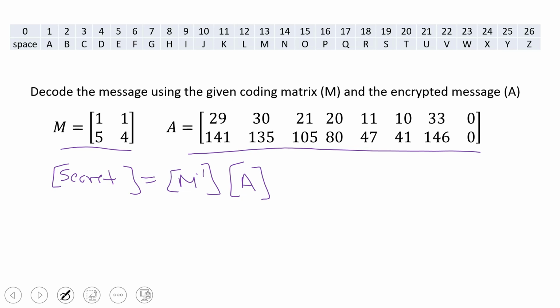So again, I would use a graphing calculator. I would take M inverse times A. And when I do that, I would get the following code.